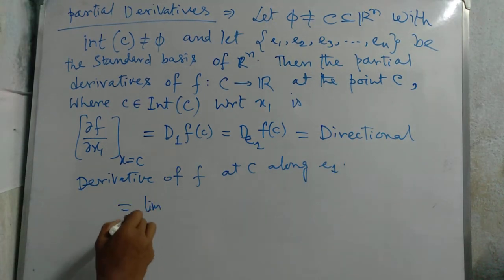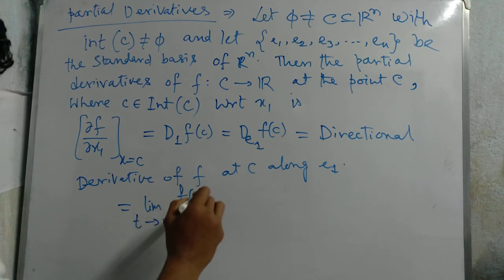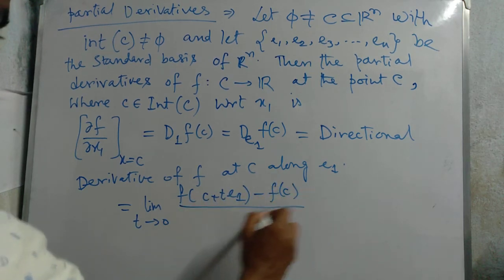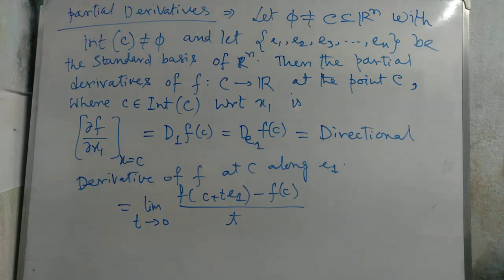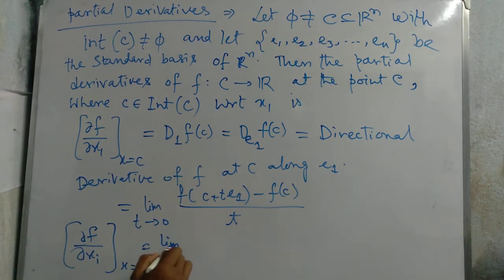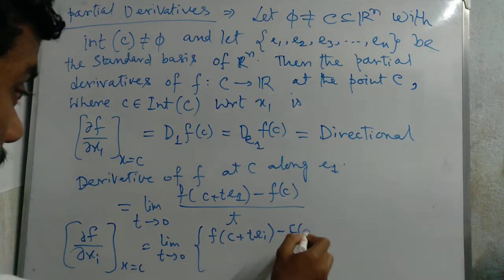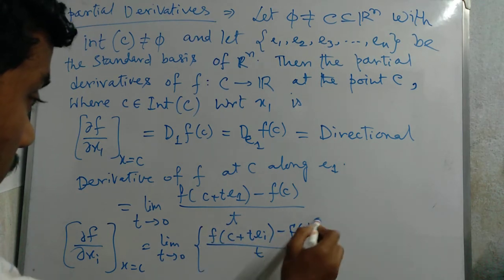This equals the limit as t tends to 0 of f(c plus t e1) minus f(c), divided by t. Now del f by del xi, that means the partial derivative with respect to xi at x equal to c, equals the limit as t tends to 0 of f(c plus t ei) minus f(c), divided by t.